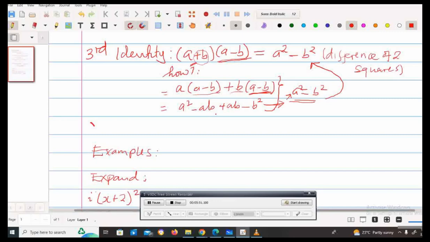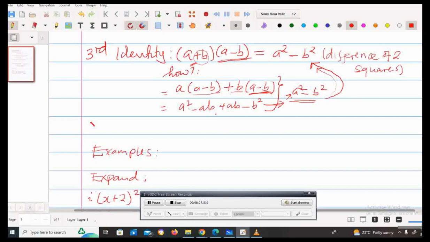Minus ab plus ab is 0, and we end up with a squared minus b squared. That's how this becomes the quadratic identity of a plus b into a minus b.